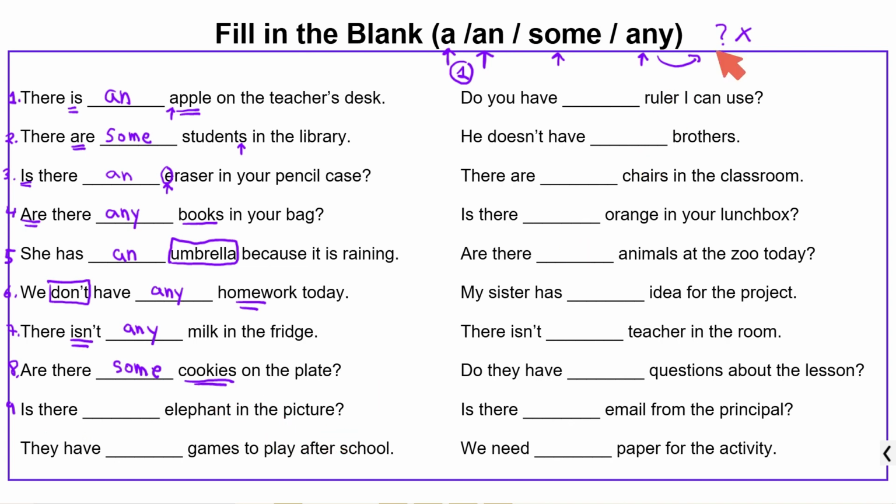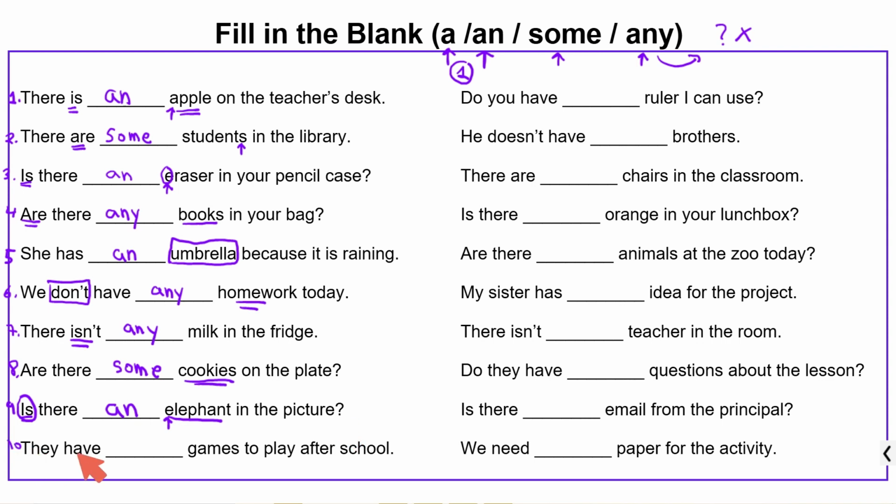We use any for questions and negative sentences, but we always have to be careful because "is there" is a singular be verb. So it's referring to one elephant, and for one thing we use a or an. In this case, we're going to be using an because E for elephant is a vowel. So is there an elephant in the picture is our correct answer.